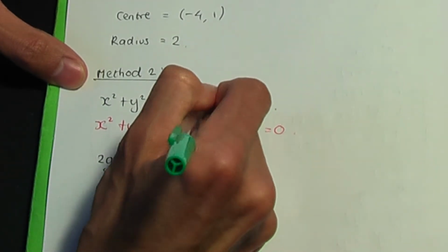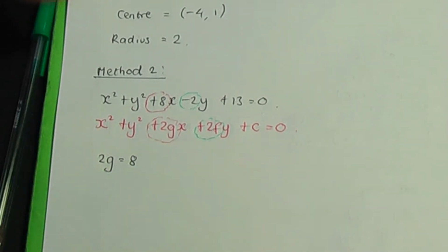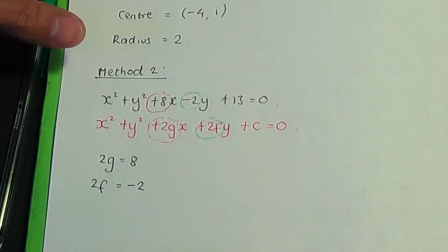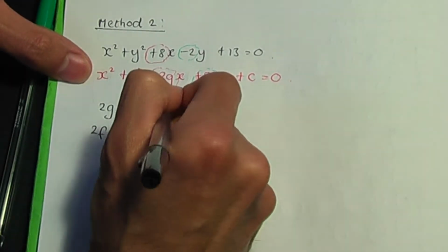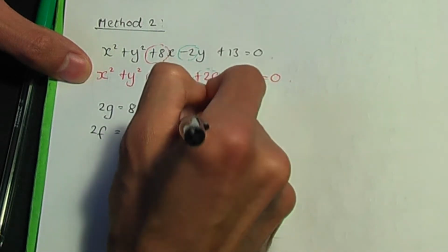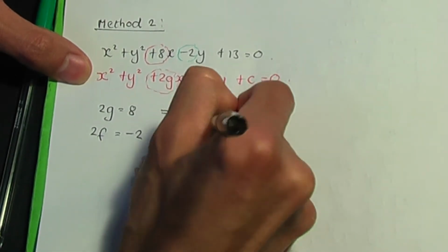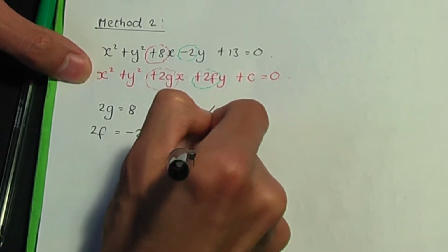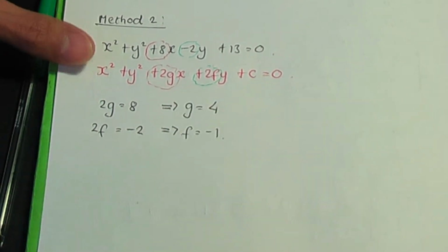The coefficient of y is −2, so 2f is equal to −2. So if we continue along this line, 2g is 8, so the value of g is 4. 2f is −2, so the value of f is −1.